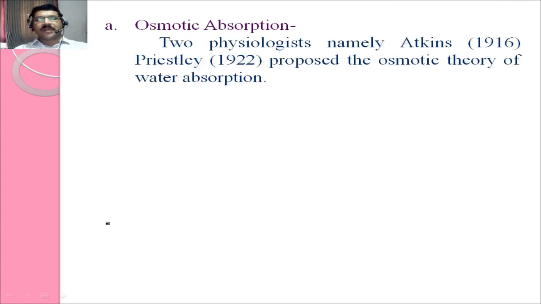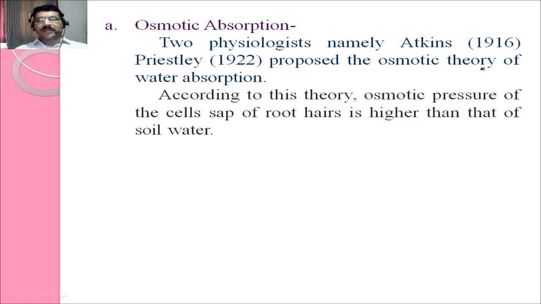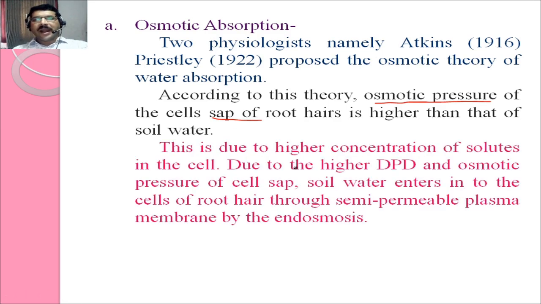There were two physiologists, namely Atkins in 1916 and Priestley in 1922. They proposed the osmotic theory of water absorption. According to this theory, the osmotic pressure of the cell sap of root hair is higher than that of soil water. As we have discussed, the osmotic pressure of the cell sap is higher than that of soil water, because cell sap is more concentrated than the soil water, due to the higher concentration of solutes in the cell.